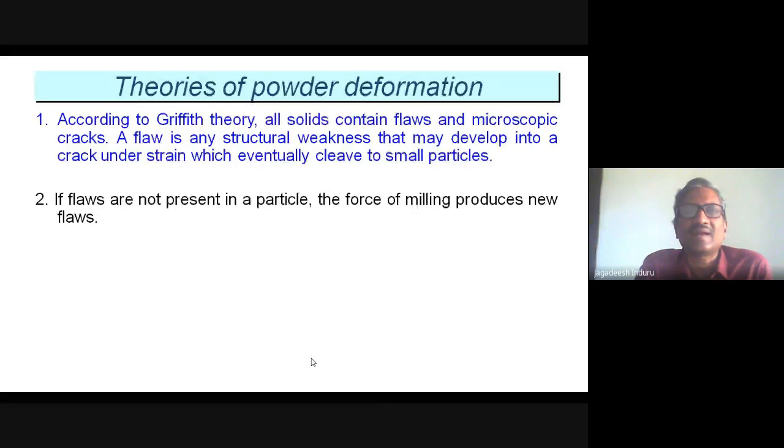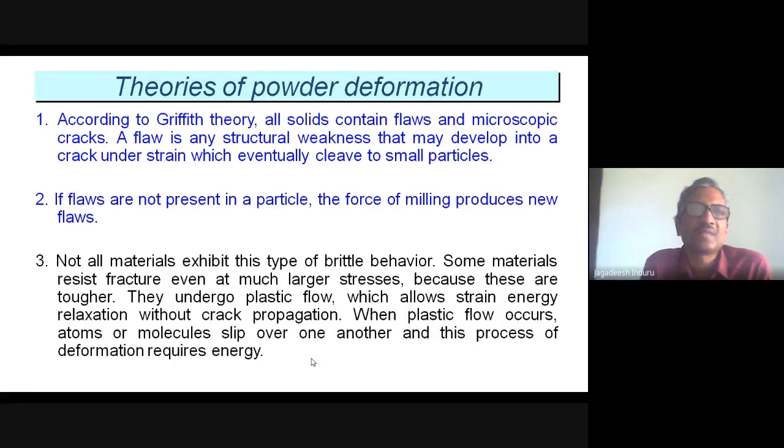This is one category of solids, the first group in the Griffith series. The second group of material, when undergoing powder deformation, does not have the flaws present, but new flaws can be created by the impact.